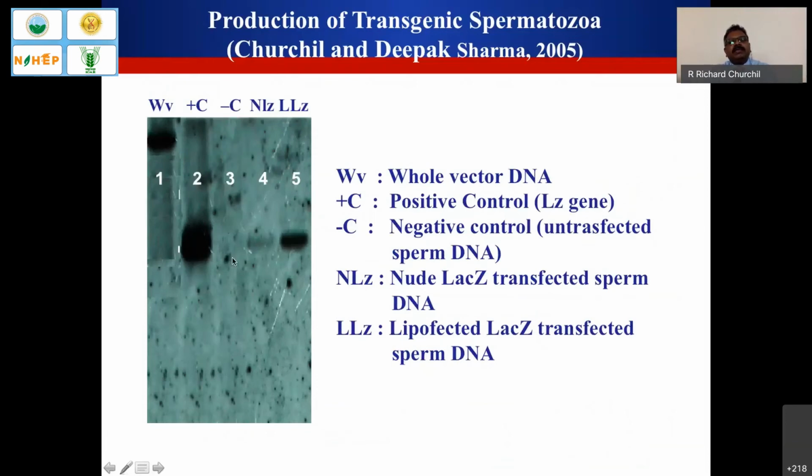And this is the negative control, the DNA of non-transfected sperms, and this is the DNA of the nude DNA transfected sperms. So here you can see a faint band, and here the fifth one is the lipofected. You can see a strong band there in the fifth.